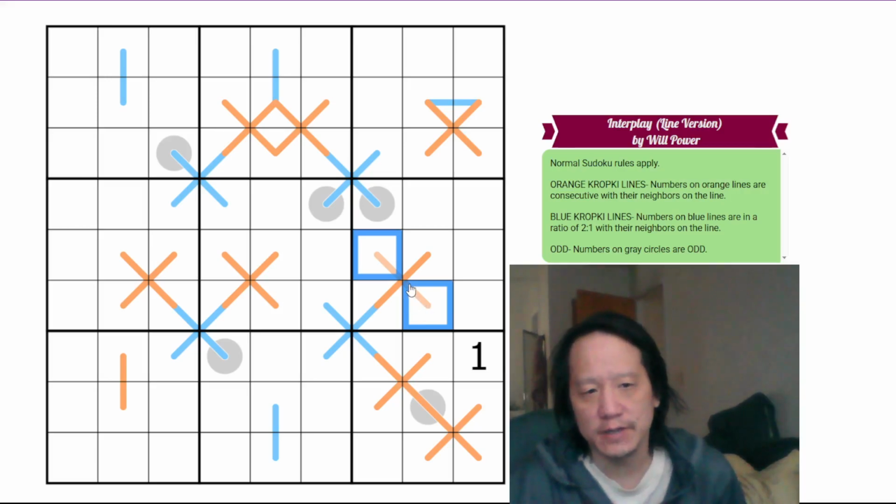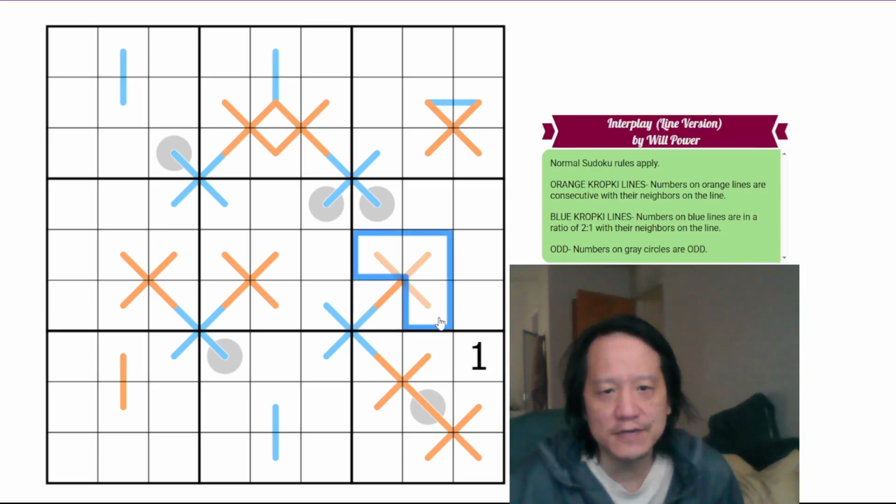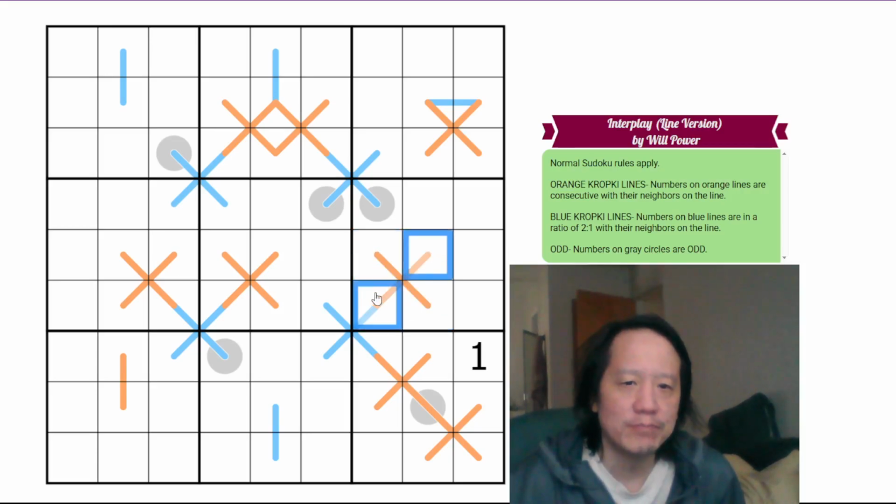This is in place of dots, where people use dots on corners to signify these constraints. If a white Kropke dot was in a corner, that means the diagonals must be consecutive.